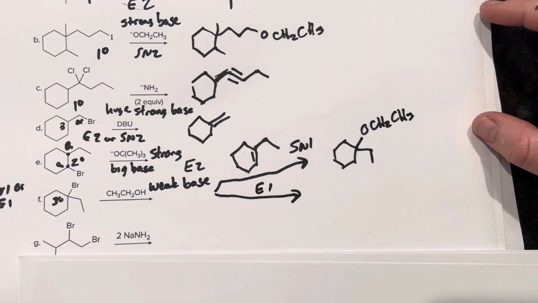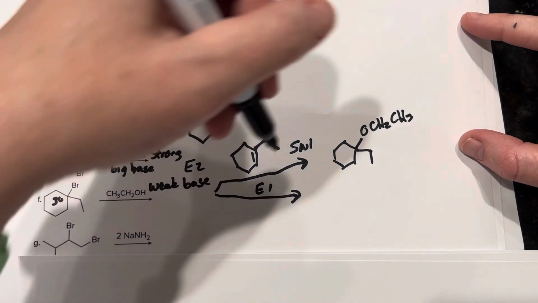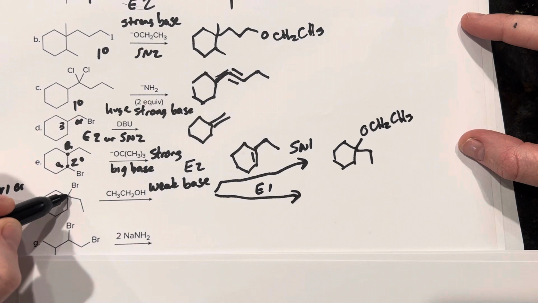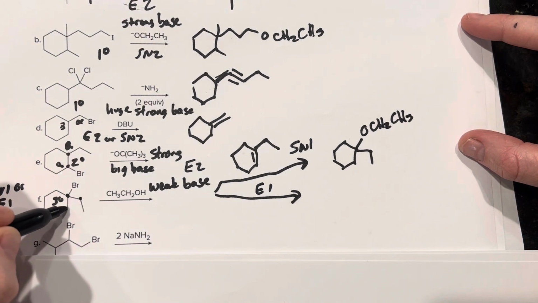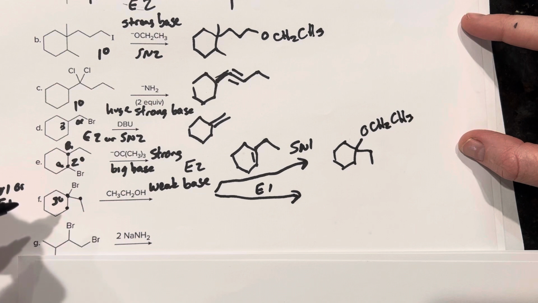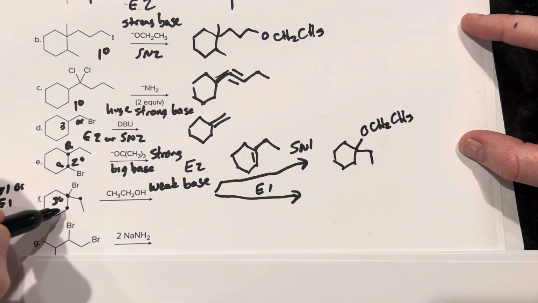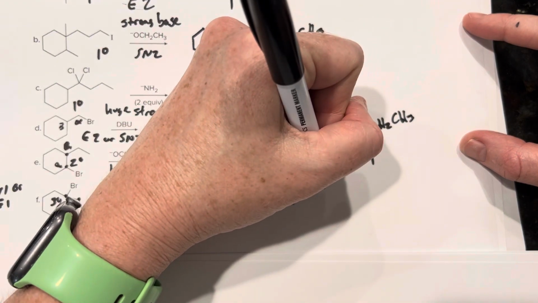Looks to me like we might have two different products. If this is our alpha, our beta can either be here or here. So either way, really, we get the same substitution.